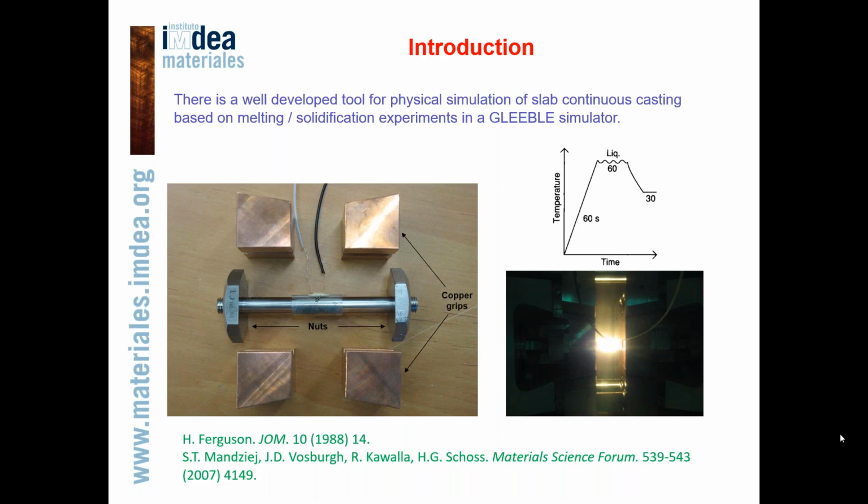So I think that is the main difference between these two types of experiment. And the information on the thickness of the skin is very valuable because it allows us to assess the risk of misruns during investment casting.